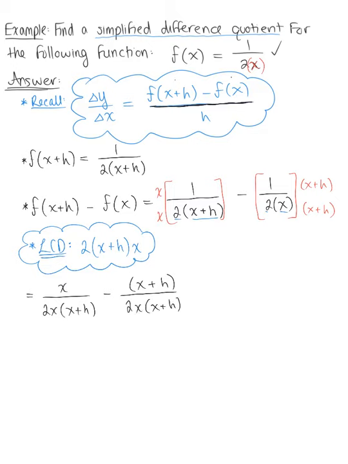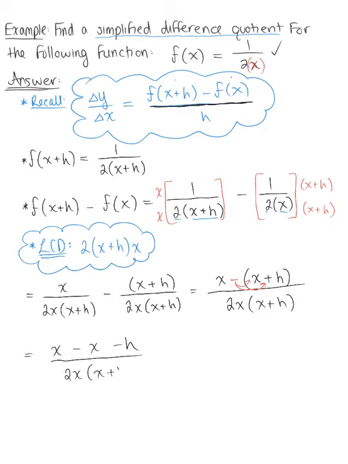And now that these two expressions have the same denominator, we can rewrite this as a single expression, x minus, use parentheses here for safety, x plus h, and that's all divided by the common denominator, 2 times x plus h. And so we want to simplify a little further now. So we'll take this negative and distribute it through to both terms, which leaves us with x minus h all divided by 2x times x plus h.